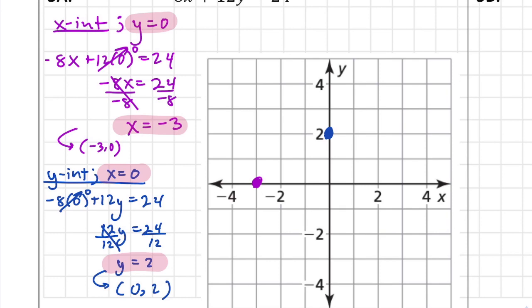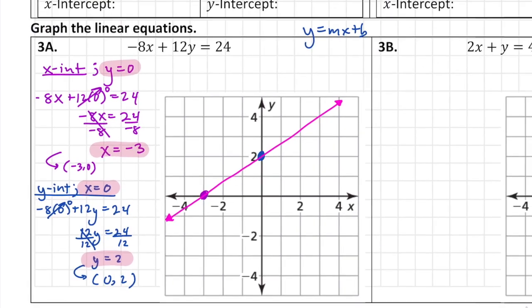I can just go ahead and make a line, and maybe make it in pink, that goes through these points. Okay, and I want to make sure that this is a line that goes through the points. They don't just go from here to here, which sometimes I will see students do. And I use the arrows to indicate that this line will keep going forever in either direction.